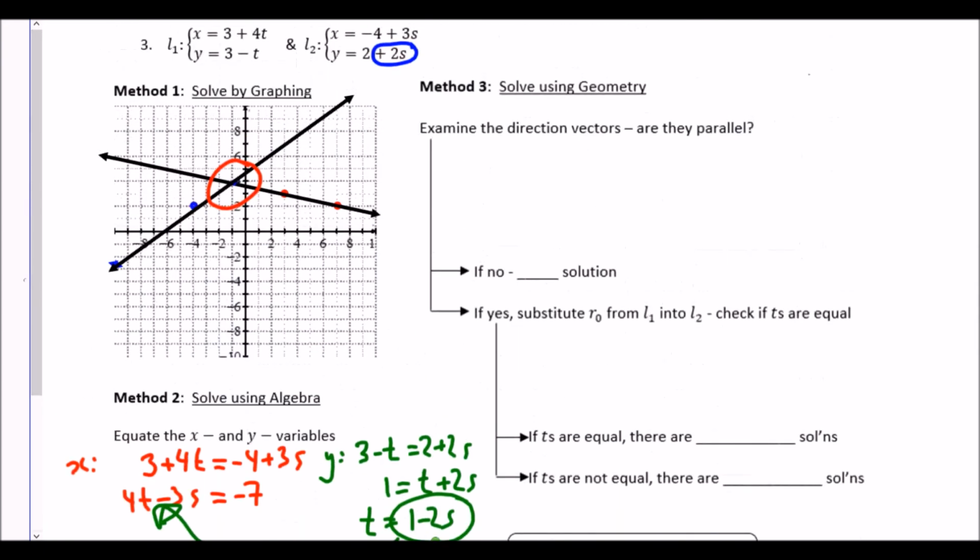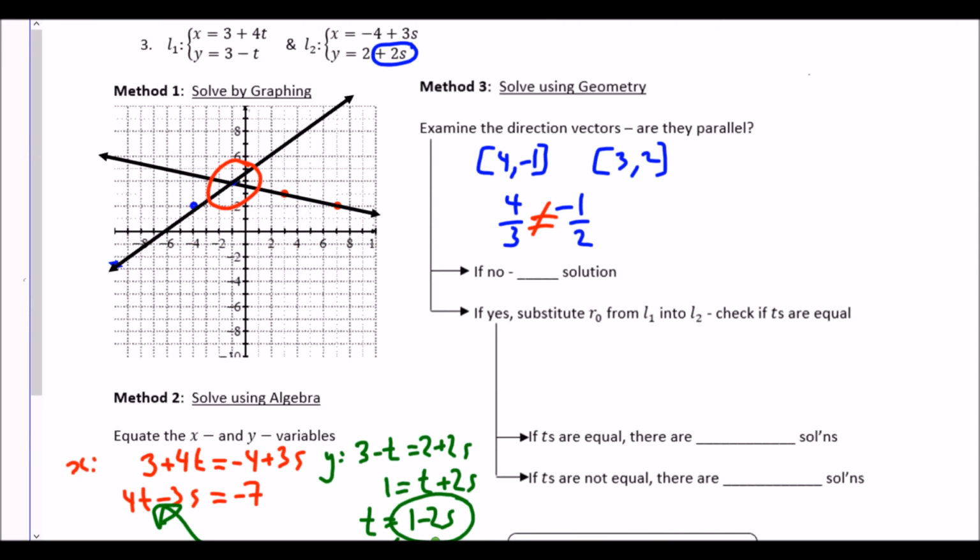All right. Same thing with the second one. Look at the direction vectors. Are they parallel? So my direction vector here is 4, negative 1. My other direction vector here is 3, 2. I write them as ratios, so 4 over 3 and negative 1 over 2. These are definitely not equal.